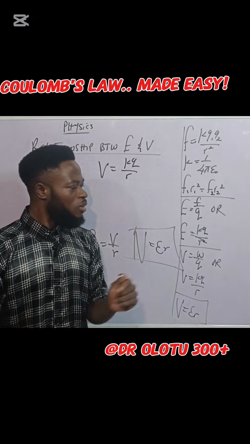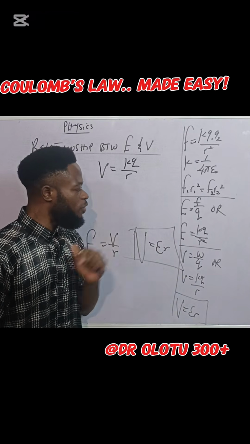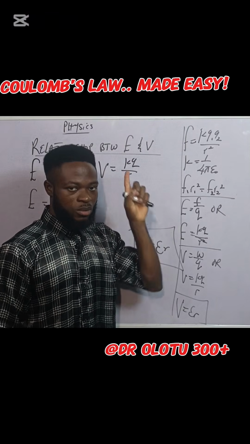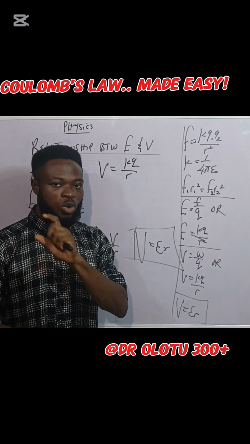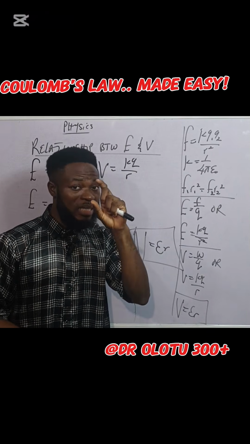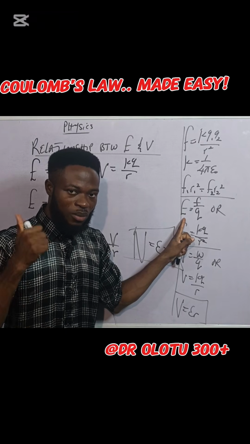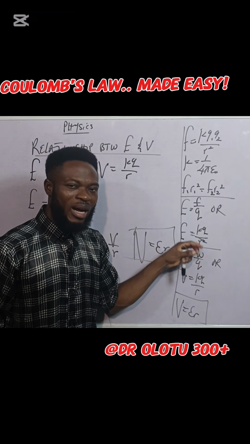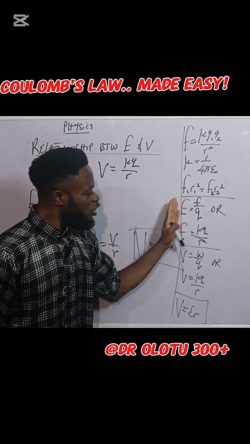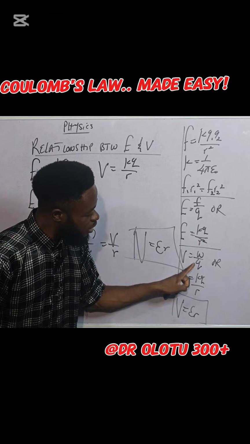Now, it's simple to know the formula for electric field intensity and the formula for electric potential. Think of it this way. For electric field intensity, the symbol is E. Whenever you're asked for electric field intensity and you do not know the formula, just know that electric field intensity and electric potential always have charge as the denominator.